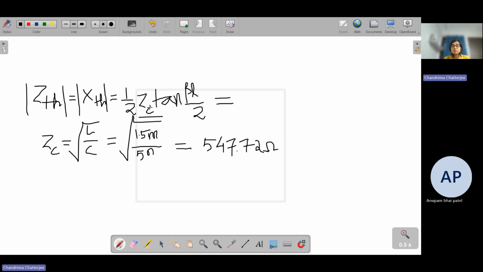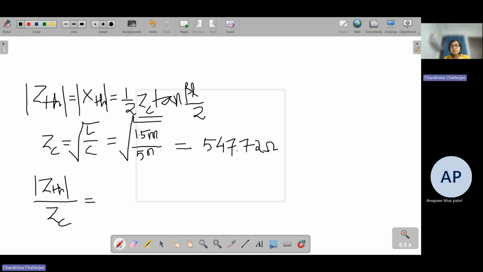and another thing. So this also we need to find in per unit. So the base value is the characteristic impedance. Okay. So even if you don't find the ZC value, that is also okay because we need to find the per unit value.